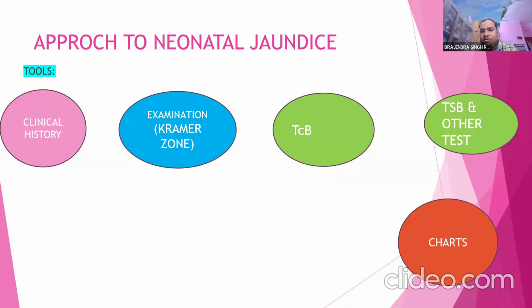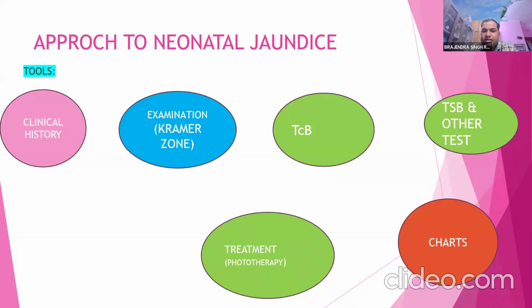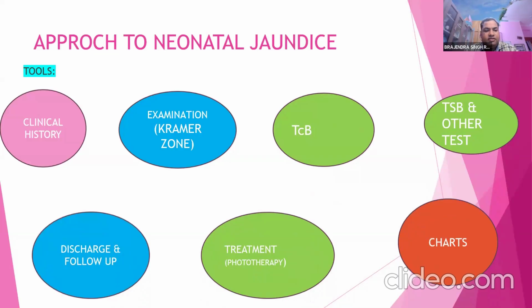And level can be checked, and severity by different charts, and according to that cutoff we can start treatment like phototherapy and etc. After treatment we can plan discharge and follow up. So these are the tools to manage the neonatal jaundice baby.